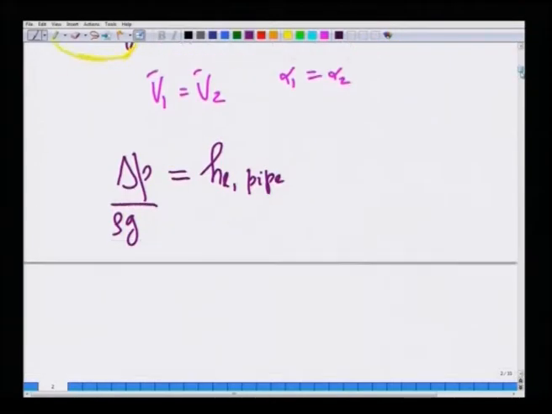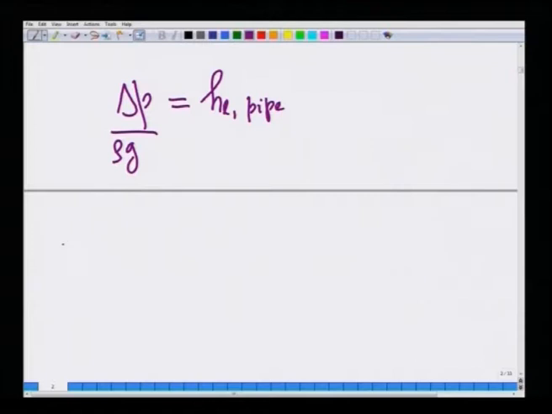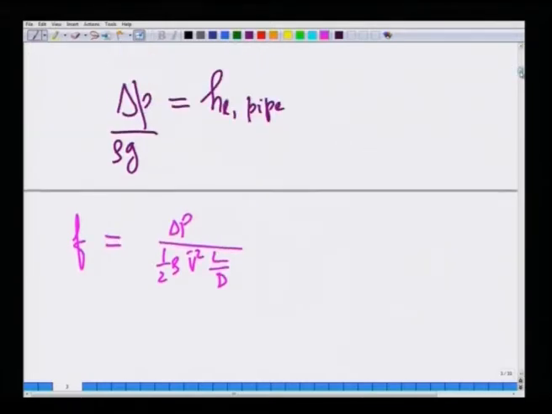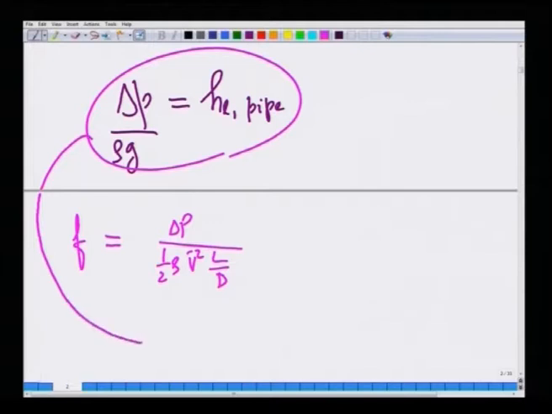To do that, I have to invoke the definition of friction factor. f is nothing but delta P divided by half rho V squared L by D. If that is the case, then I have to take this equation.